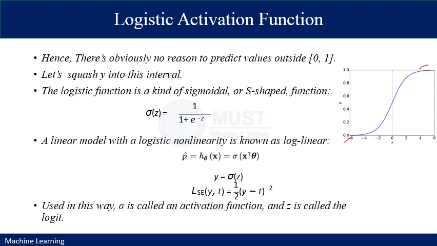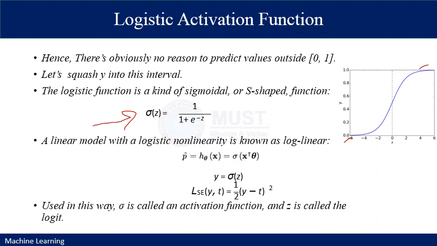So the logistic function is a kind of sigmoidal function or an S-shaped function. The sigmoid function is represented in the equation here. It is just like a linear regression model. This model computes a weighted sum of input features plus a bias term.